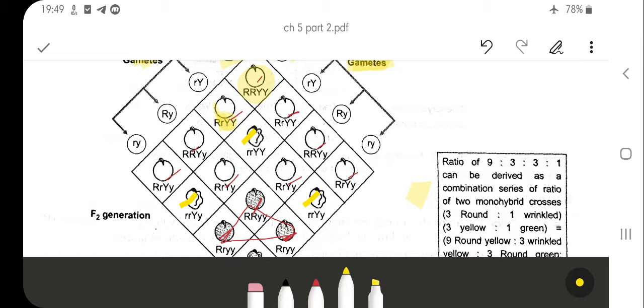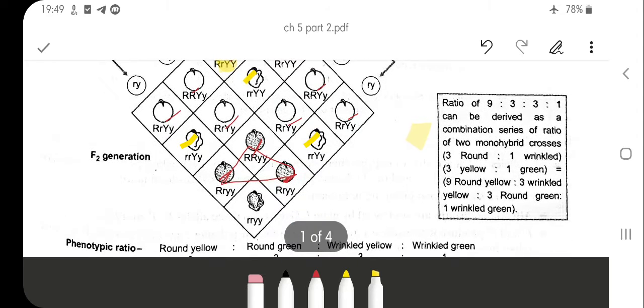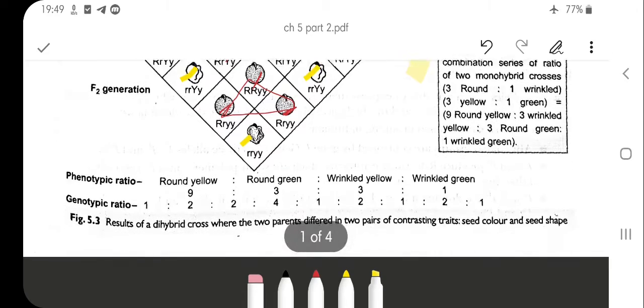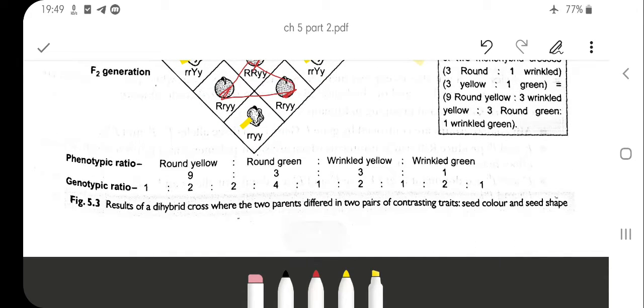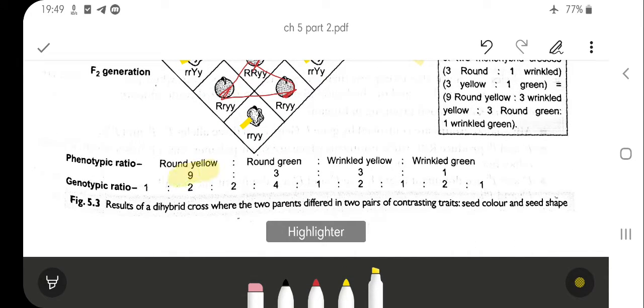Fine. And the last we are left with your wrinkled green, and this is only one. So what will be the ratio then? We are having 9 round yellow, 3 round green, 3 wrinkled yellow and 1 wrinkled green. This is our phenotypic ratio as well as our dihybrid ratio.